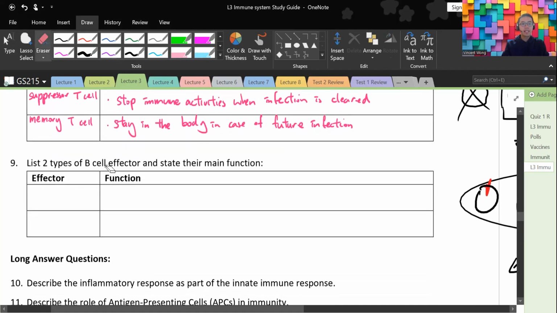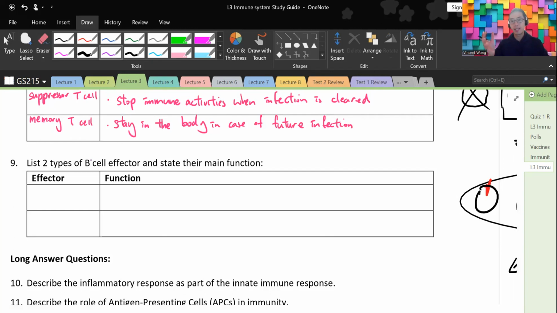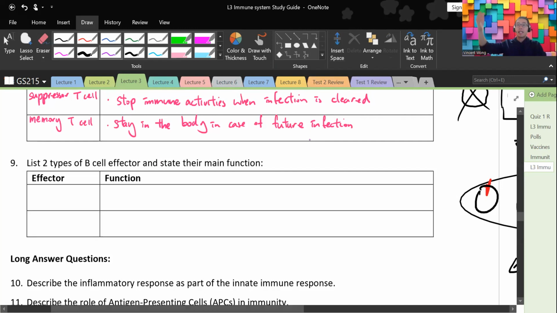All right, so for the B cell, right, the helper T cell will select a B cell, just like the APC will select the T cell, right? So the B cell with the correct receptor, the red one again, will be selected by the helper T cell. It will in turn undergo clonal expansion, and then it will differentiate. Right?